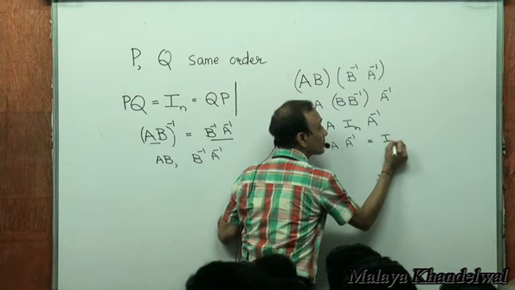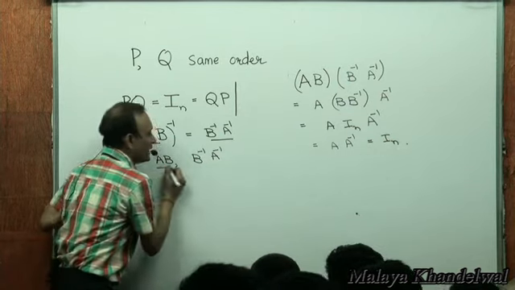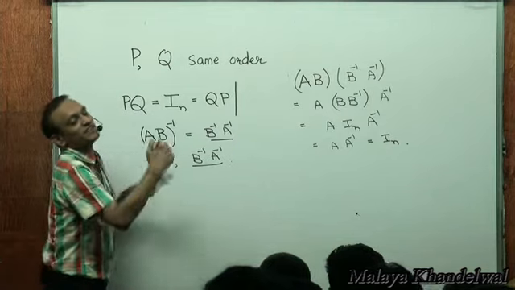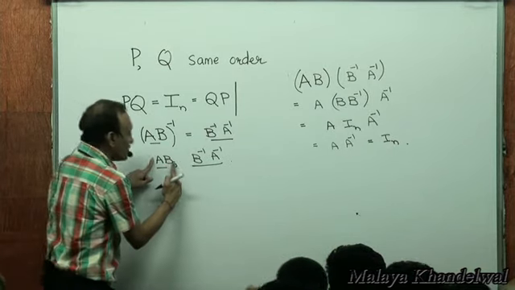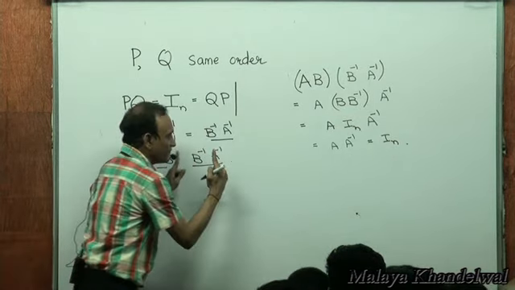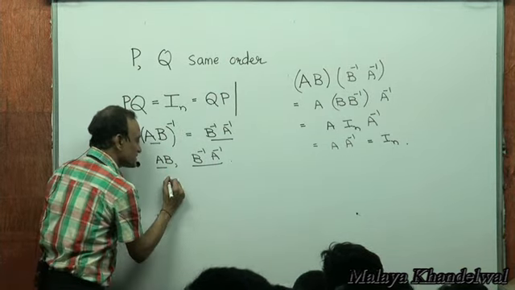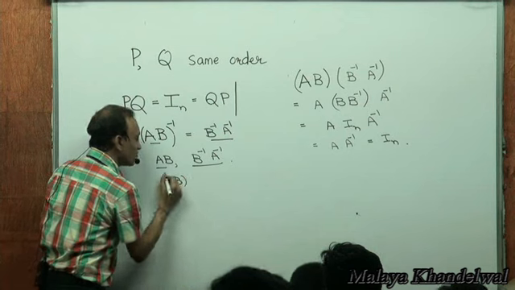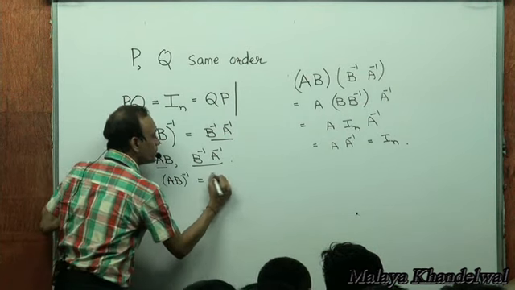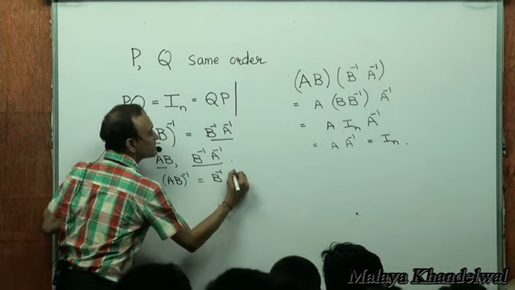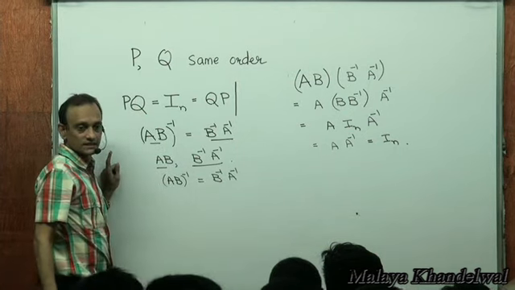Which means AB and B inverse A inverse are inverses of each other. The inverse of this will be this, and the inverse of this will be this. That means the inverse of AB is B inverse A inverse.